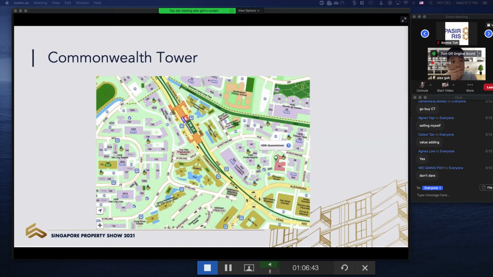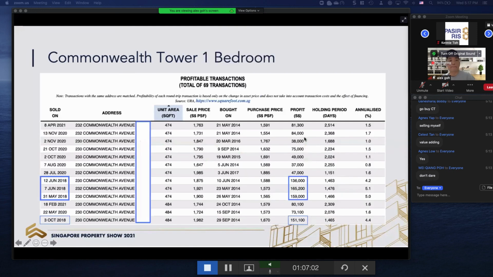Yeah. So Mr. Buyer, actually we have a case study. Just now we talked about the High Park Residences. Right now we delve into the Queenstown area. Let's take a look at Commonwealth Tower. So we look at the Commonwealth Tower one bedder.